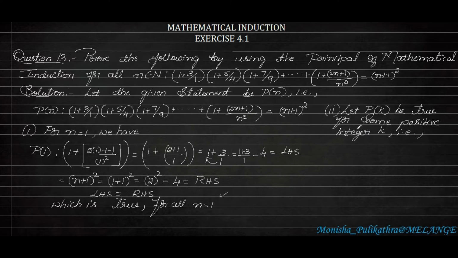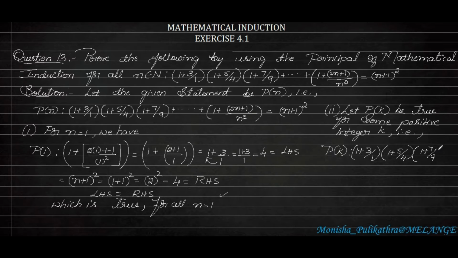What we have to do in the second step is substitute k in the place of n, so p of n will become p of k. In the whole question, wherever you find n, you have to substitute k in the place of n. Because in the first case we proved n is equal to 1 is true, in the second case we need to prove p of k is also true.